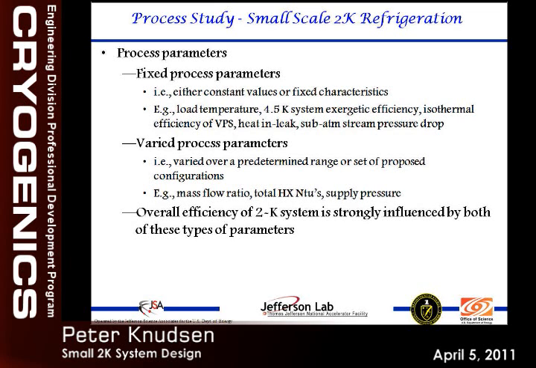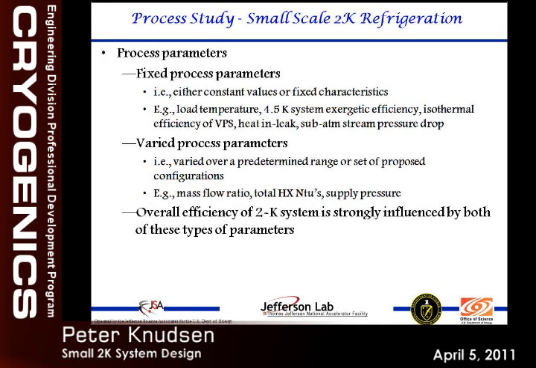The fixed ones involve low temperature, 4K system exergetic efficiency, the isothermal efficiency, heat in-leak, and subatmospheric stream pressure drop. The varied process parameters include the mass flow ratio that I mentioned previously, the total number of heat exchanger NTUs, and the supply pressure. The overall efficiency of this 2K system is influenced by both types of these.